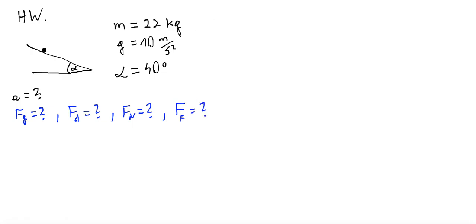The friction coefficient will be, let's take 0.3. If the friction coefficient is given, you can calculate overall force, and if overall force is given, you can calculate acceleration. Remember about this. I hope you see the difference between a situation with friction and without friction.